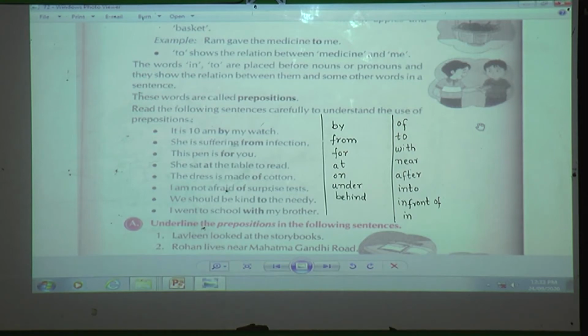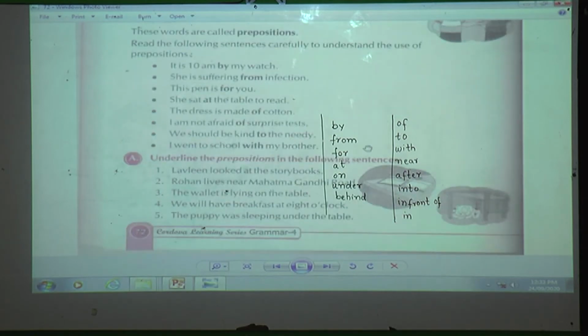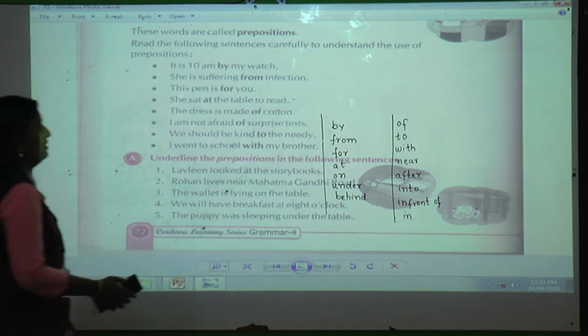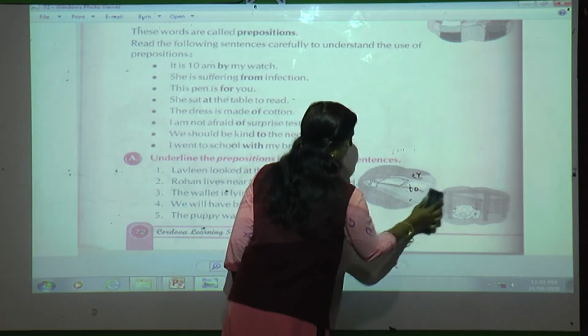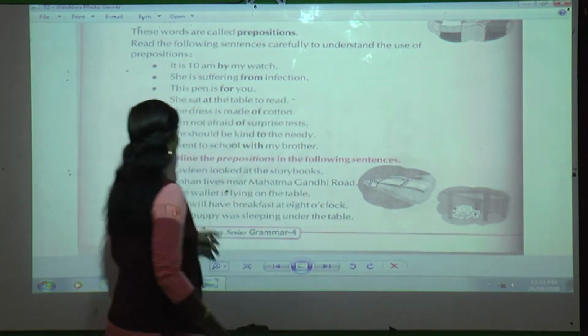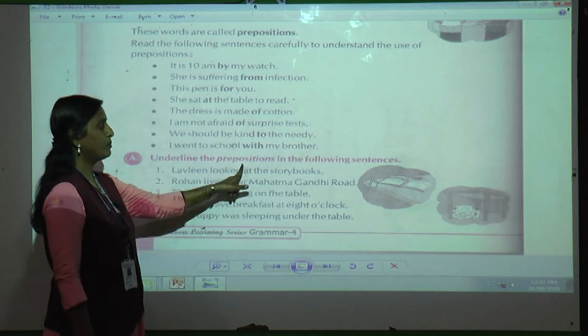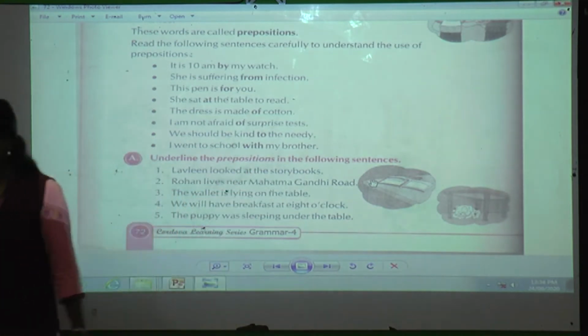Shall I start, students? Okay. So what do we have to do in exercise A? We have to underline the prepositions in the following sentences.